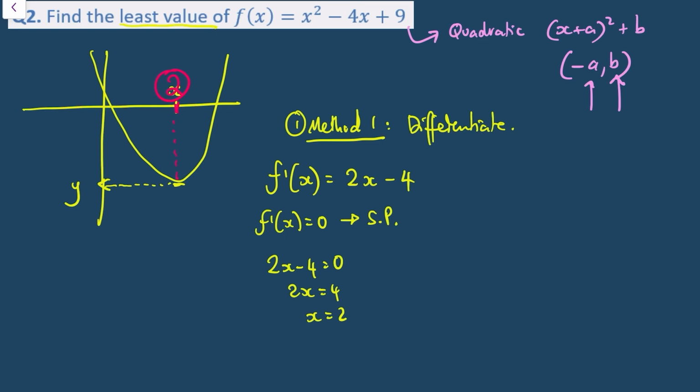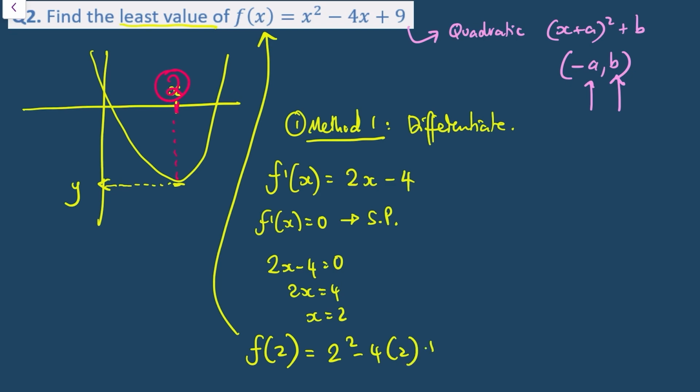So I'm then going to find y, and I have to go back to the original equation. I'm subbing 2 back into f of x, which gives me 2 squared minus 4 times 2 plus 9, and that is 4 minus 8 plus 9, so that is 5.